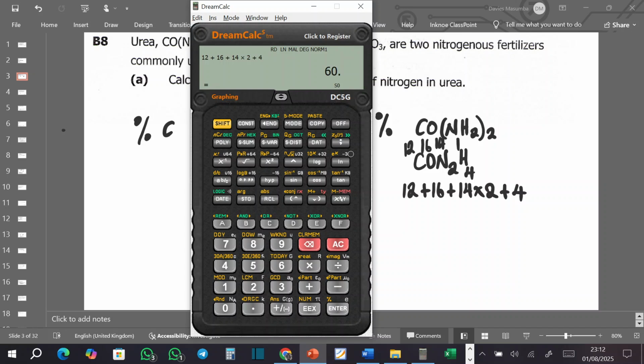So it means the relative formula mass of the compound is 60. Now, that of nitrogen, so this is the relative formula mass of the compound. That of nitrogen is found by just nitrogen is N2 in this compound here. So you say 14 times 2, which is 28.